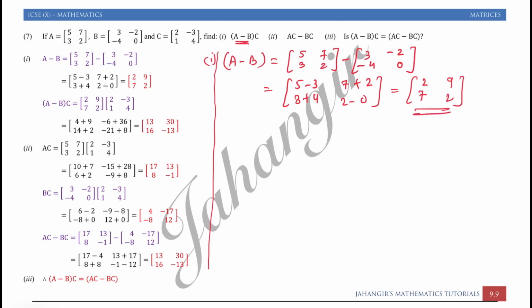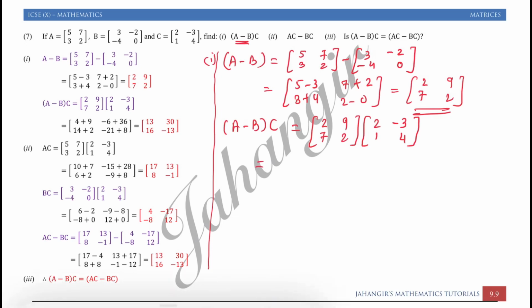So A minus B is [2, 7; 9, 2]. Now we have to multiply this part with C. What is C here? C is [2, 1; -3, 4].